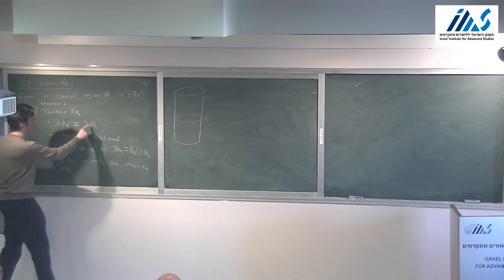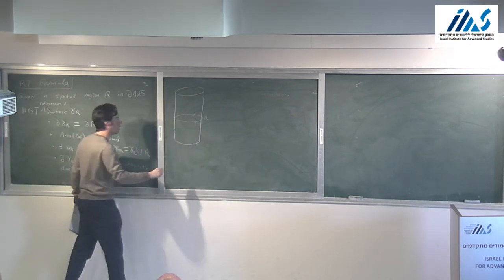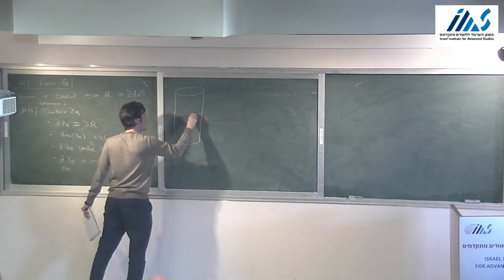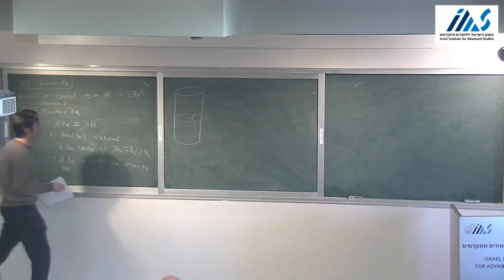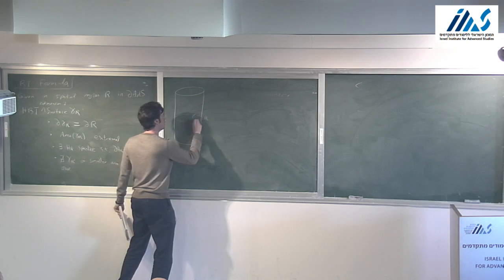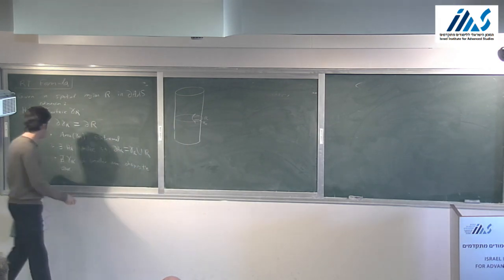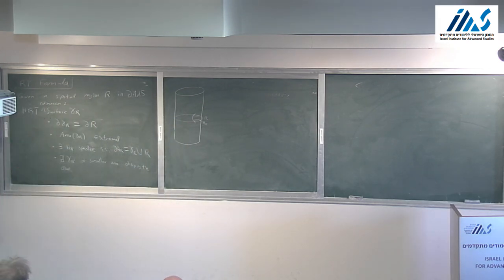The endpoints of the line have to be the endpoints of R, and it has to be a geodesic, so it'll be something like this. Now this H_R will be this region here, or we can take it to be that region there. This H_R is sometimes called a homology hypersurface. I think it's a good name.